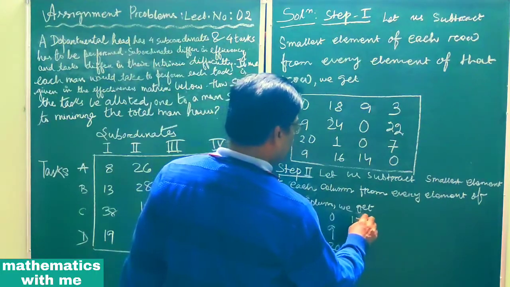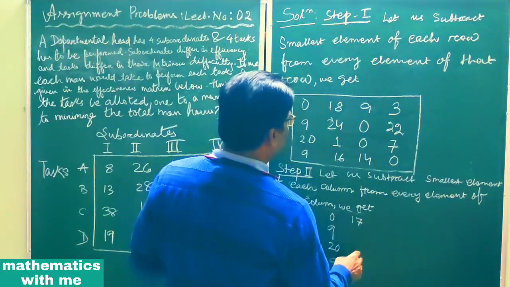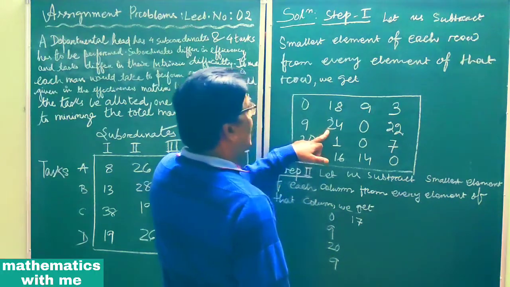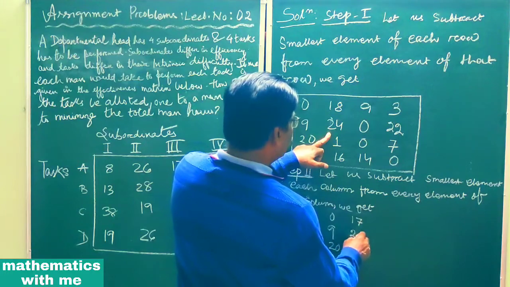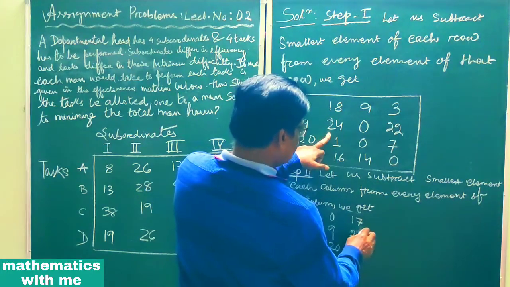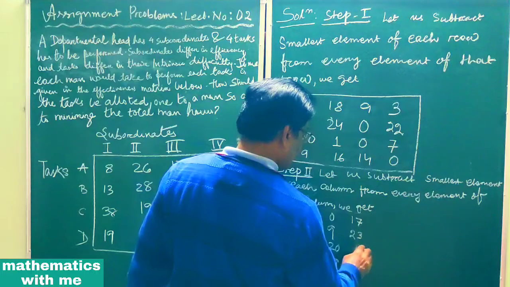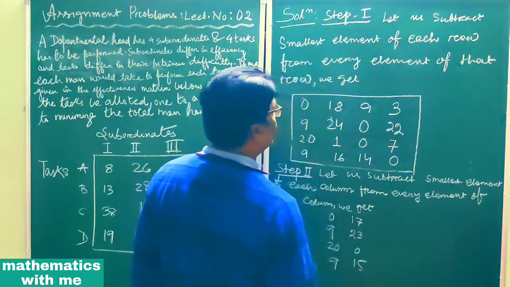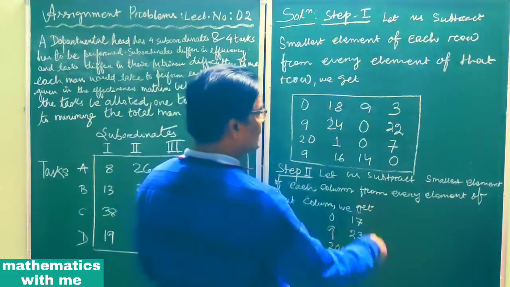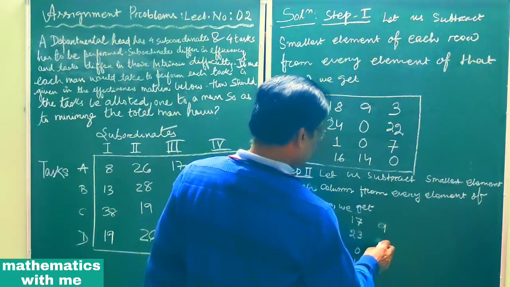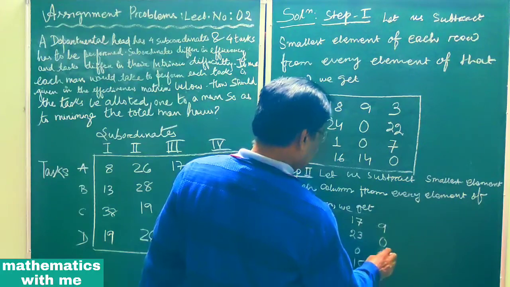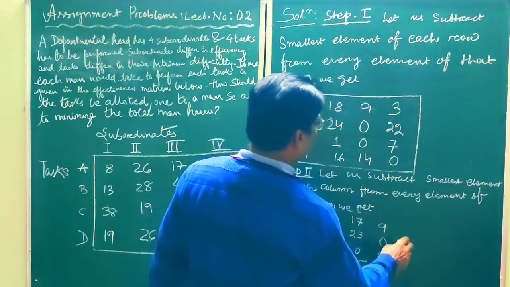So subtracting 1 from every element we get 17, 23, 0 and 15. Now the third column contains zeros, so there will be no change. 9, 0, 0, 14.